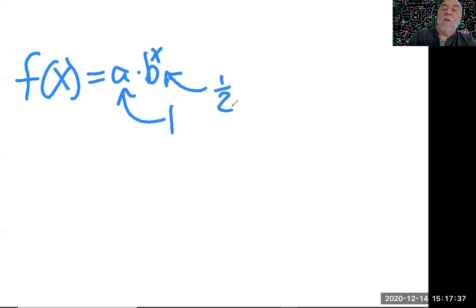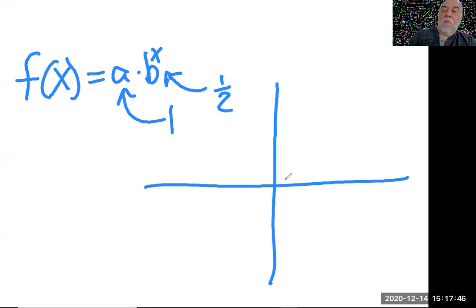So it's less than 1. Okay, so if we draw our graph here, 2, 3, 4, 5, 6, 7, 8. 1, 2, 3, 4, 5, 6, 7, 8. Okay, I'll change colors here.